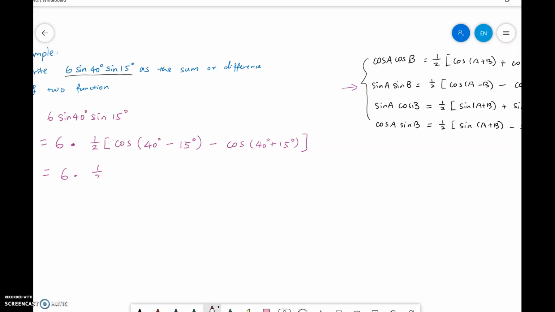So 6 times 1/2 cosine of 25 minus cosine of 55.